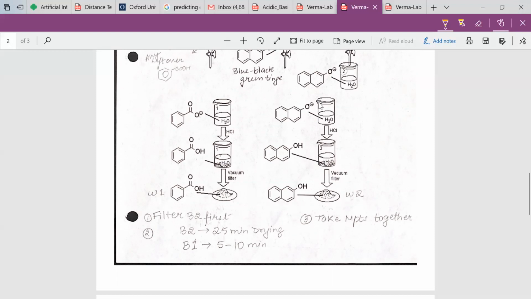Always do beaker 2 first because it will usually take about 25 minutes to dry. The material in beaker 1 will be done very fast, usually between 5 to 10 minutes. And remember to take the melting points of both of these materials together.